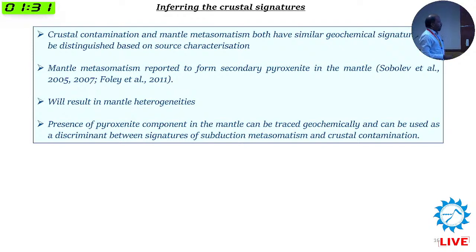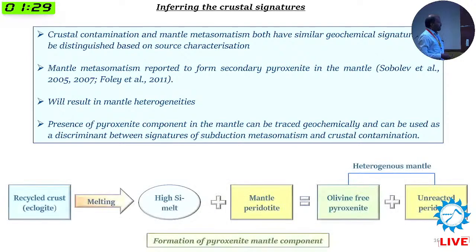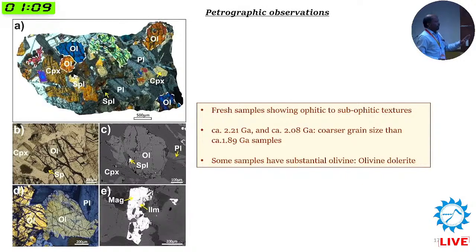A classical paper by Sobolev et al. 2005 and 2007 suggests that when a subducted crust interacts with a peridotite mantle, meaning a high-silica melt interacts with the mantle peridotite, we produce an olivine-free pyroxenite with some remains of unreacted peridotite. By taking this model into account, we have compiled some of the dikes that precisely contain olivine, because most of the dikes in the Dharwar Craton are evolved, therefore they seldom preserve olivine grains.